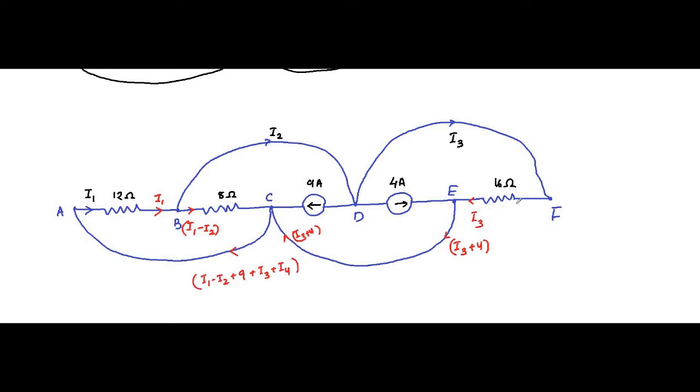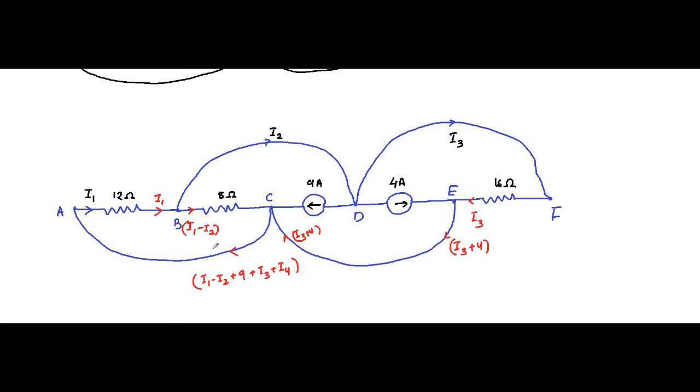That's the reason I approached it from this side, because the current in this branch was not known. First, these are the given currents I1, I2, I3. We applied KCL at each node to get the currents in the branches that were unknown. We got them.